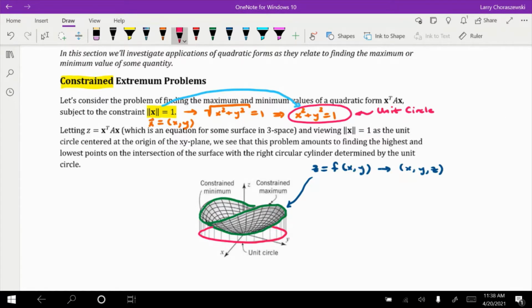And our constraint of this unit circle allows us to find a point that's closest to it, that's on the rim of this chunk of the surface, and a point that's furthest away from it on the rim of this 3D surface.